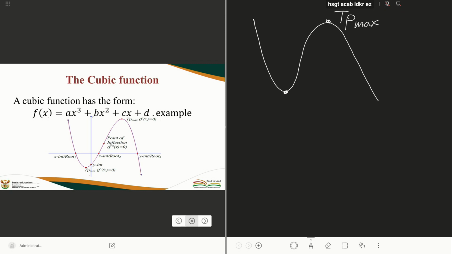This one would be my minimum turning point. And then we also need to show a point of inflection, P of I. And also, since you're using a Cartesian plane, we're going to be having our x-intercepts there.